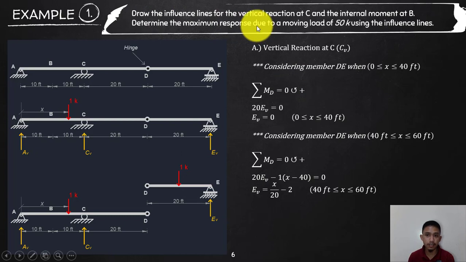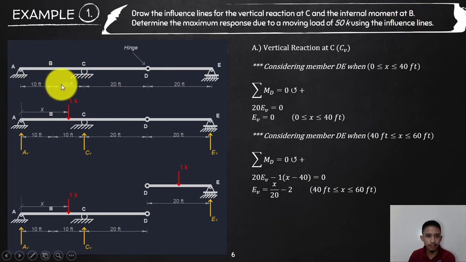That is what I mentioned a while ago: the use of the influence line is to figure out the maximum response and, at the same time, the location. So the maximum response is due to a moving load of 50 kips. We will end up with 4 results: 2 influence lines and 2 maxima, the maximum of CV and the maximum of the internal moment at B.